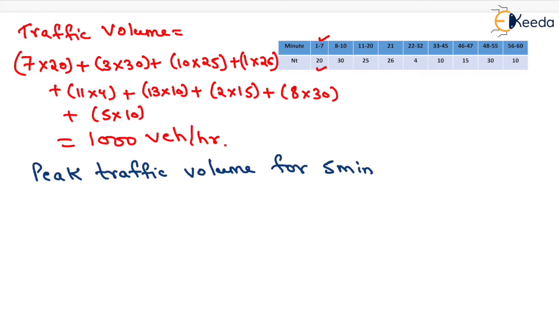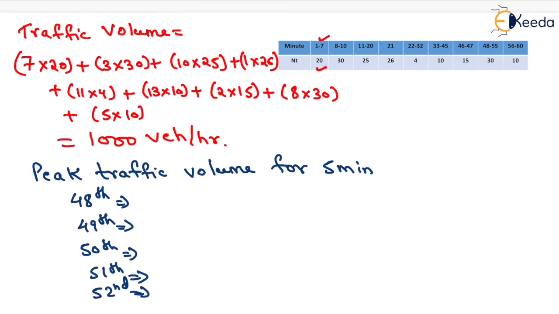Now we have to select the time interval, that is the consecutive 5 minutes in which the maximum number of vehicles is moving. So we will take the 48th minute, 49th minute, 50th minute, 51st minute and 52nd minute.